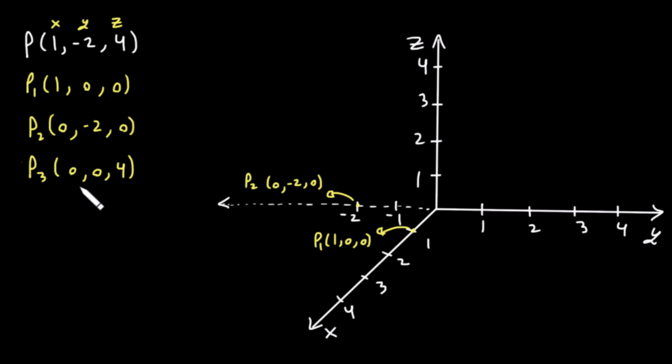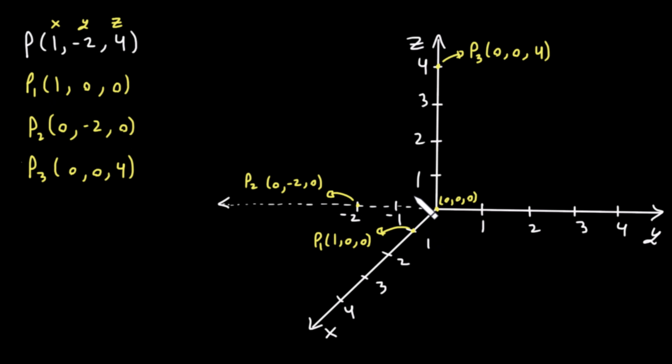The third point is 0, 0, 4. Here we just have to go up 4 units, which is here. This point is P3, 0, 0, 4. Now to plot this point again, we start from the origin, which is 0, 0, 0. Then we move just 1 unit along x-axis, which is here.